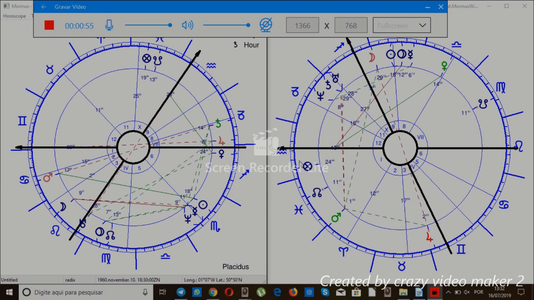I'm not using any stars, I'm not using any other Arabian parts, and I'm not checking anything from the progressions, but just by looking at the solar return, we can say that this is an important year, and it will be important for the career, and it will involve dreams and death and Saturn, which is not far from the mark.